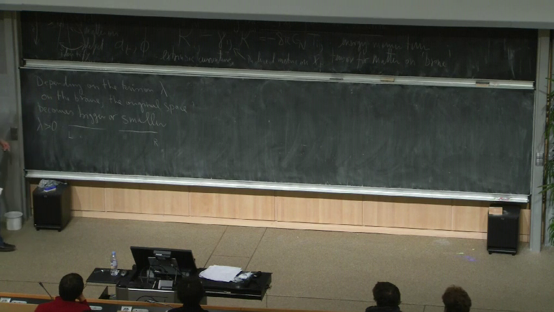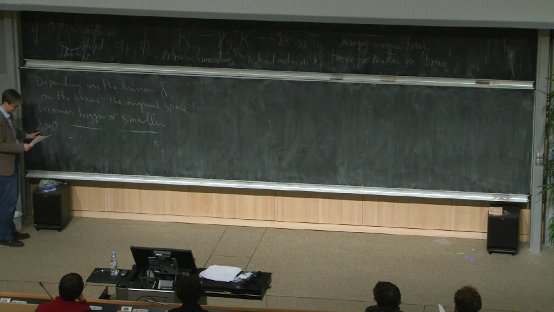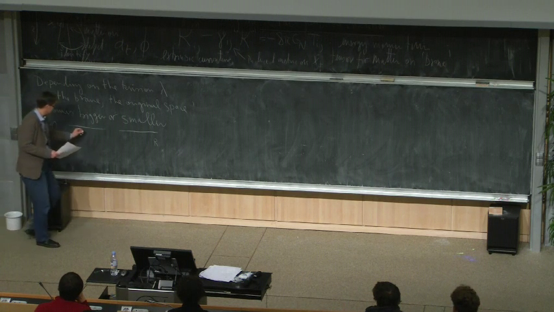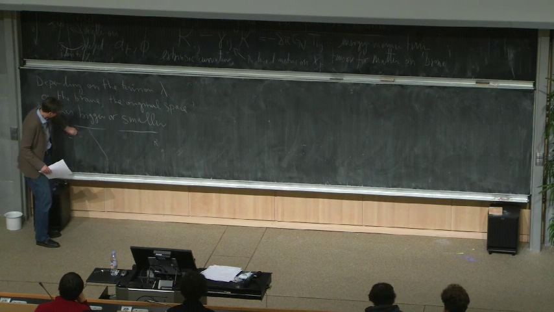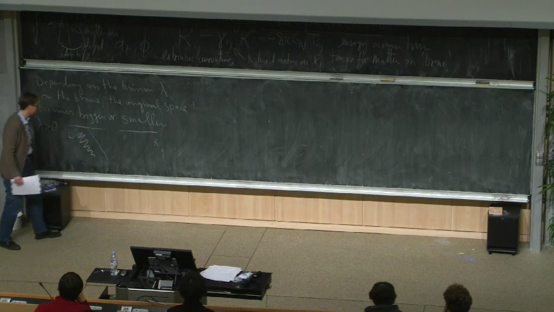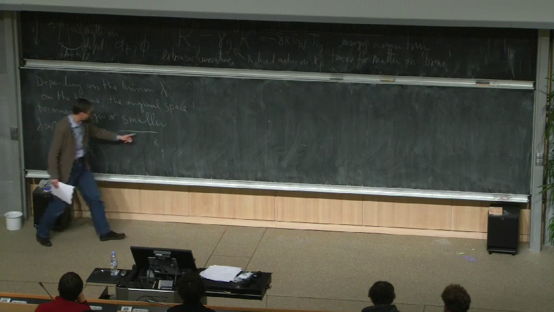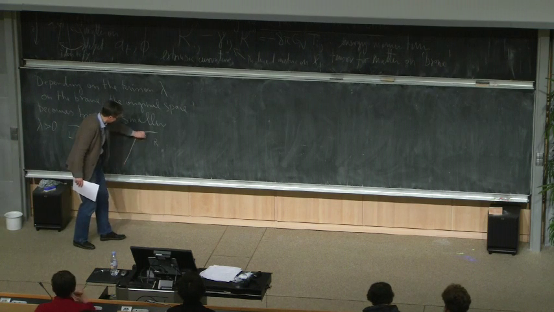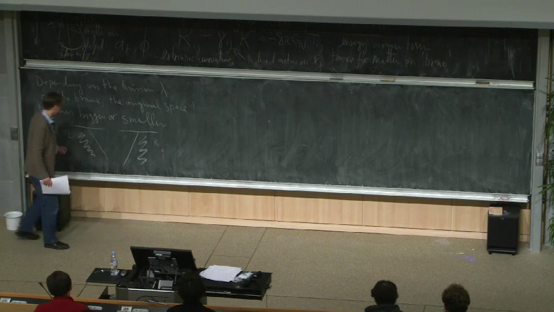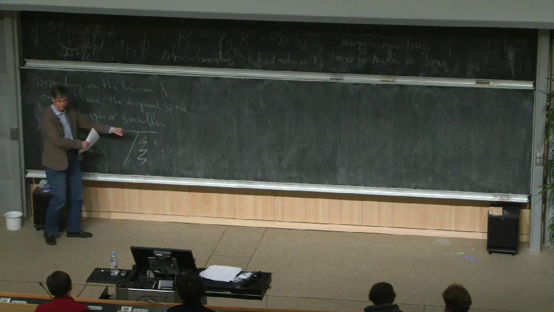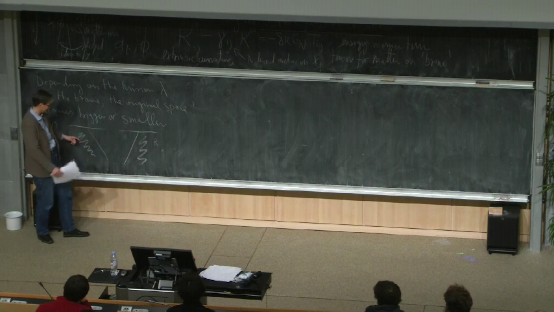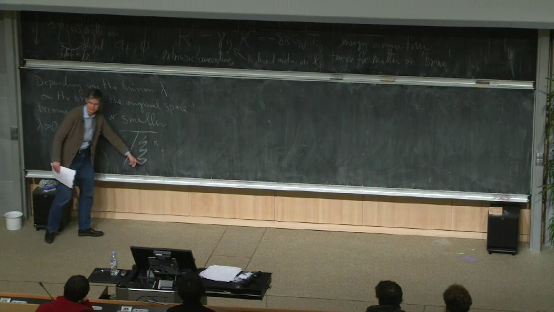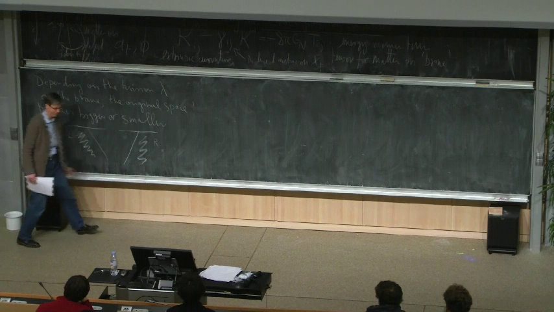But this Israel junction condition tells me that if I take the tension to be larger than 0, then I actually get a space which is bigger, and here on the other side it will be like this. Now I glue these two halves together according to this Israel junction condition, and then the entire space will be bigger than before, because these wedges are added to what I had previously, okay?